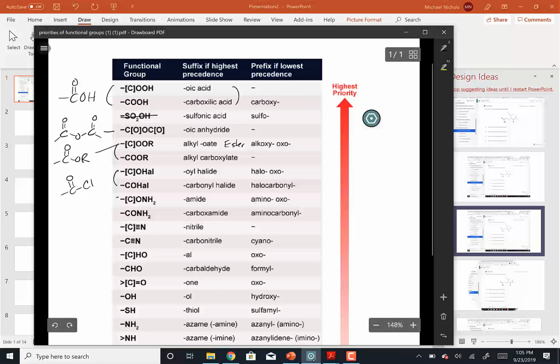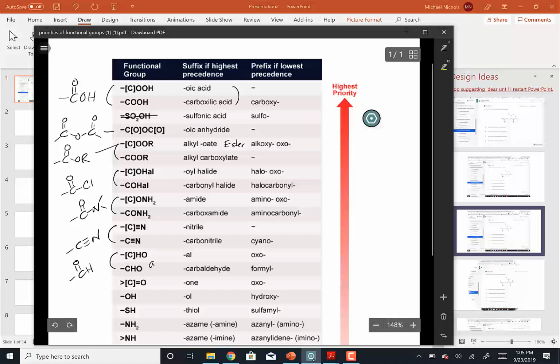These two are amides, C double bond O with the N on that side. These are nitriles, which is just a C triple bond N. And then these two are aldehydes, which are C double bond O's with the H's.